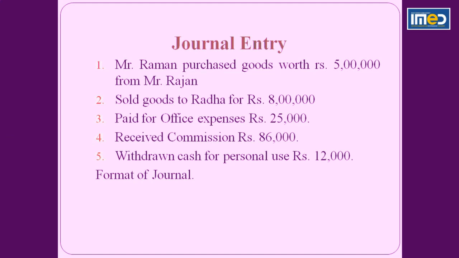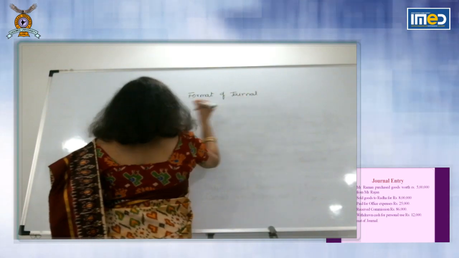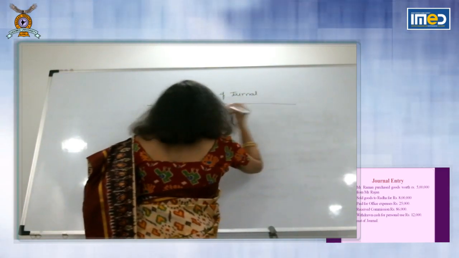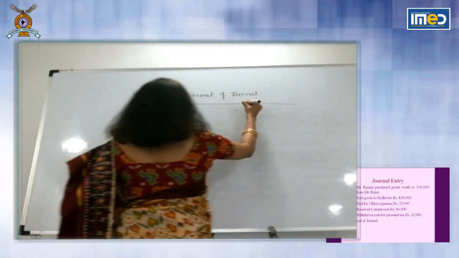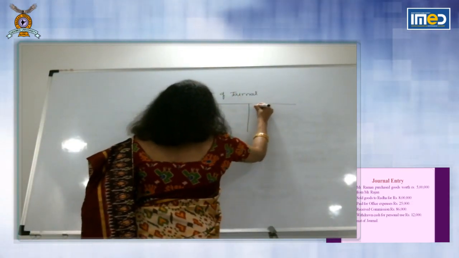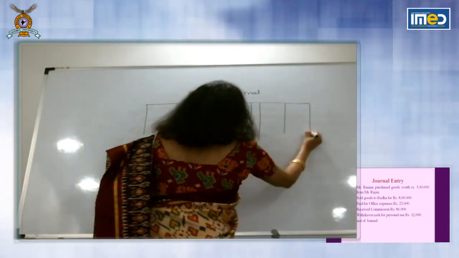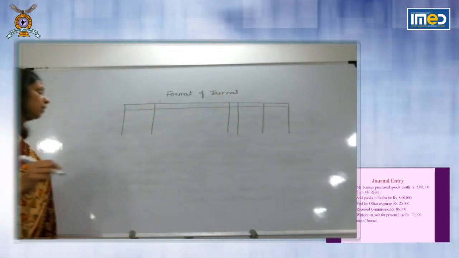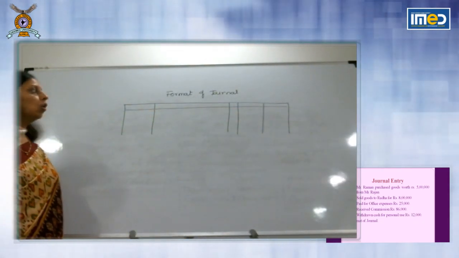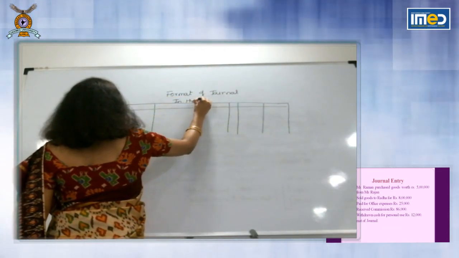First entry is made in journal. You have to solve the example of journal in this uniform format. There are 5 columns. On the top, you have to always write in the books of, in whose books you are passing the entry.